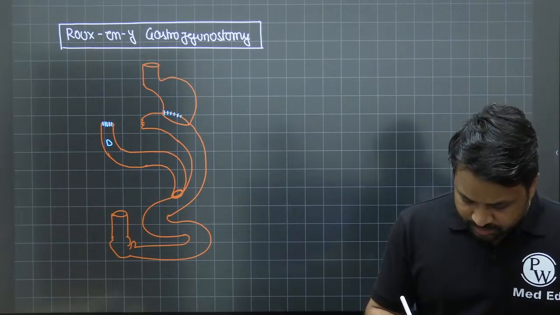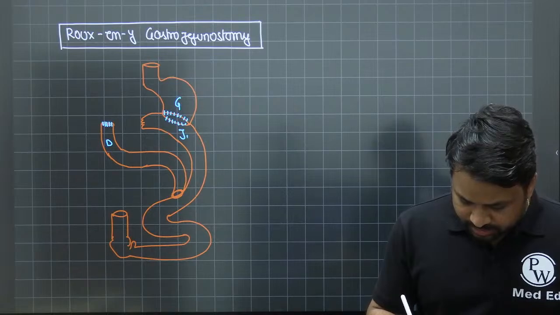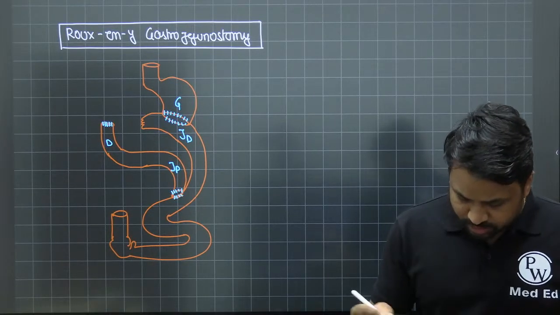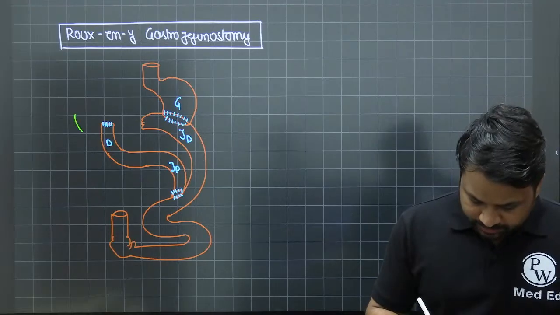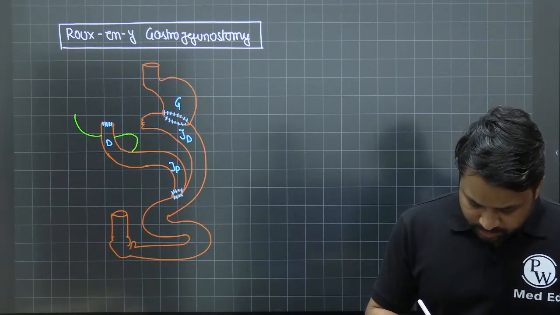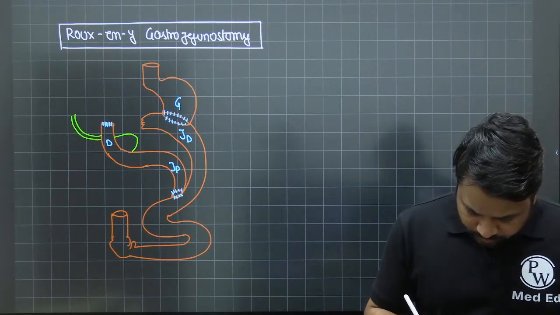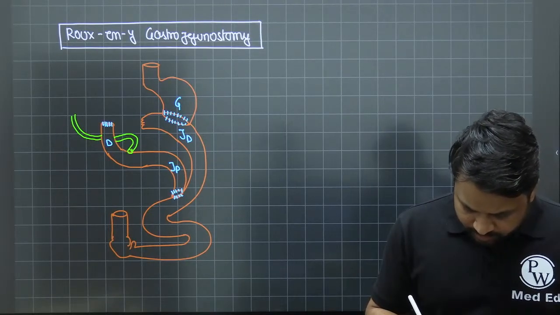There is this gastrojejunostomy. This is the distal end of the jejunum, the proximal end of the jejunum. And then we perform the jejunojejunostomy. Same thing, the bile duct is opening onto the terminal part of the second part of the duodenum, which is here.